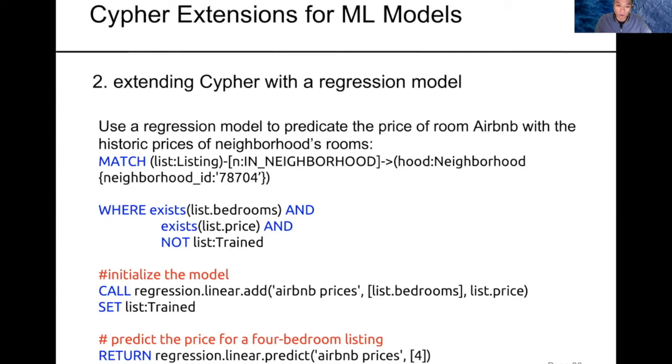So we can call the linear regression model to add all of the neighborhood prices and the bedrooms, and then train it. After the training, we can use the linear regression model to make predictions about the bedroom list, right?